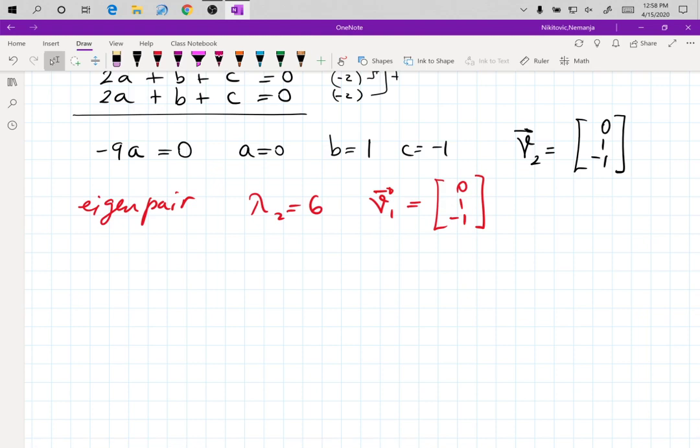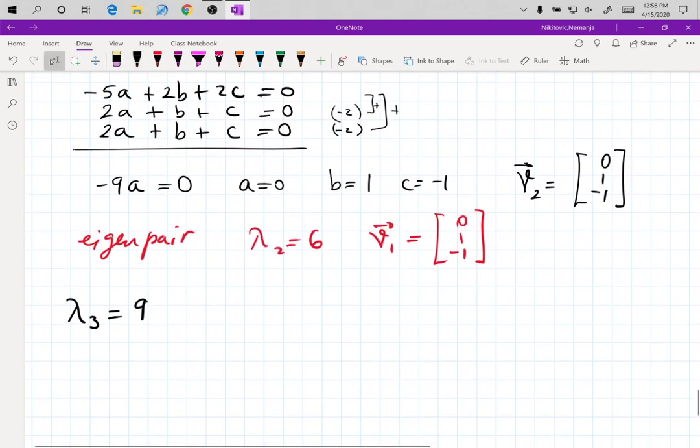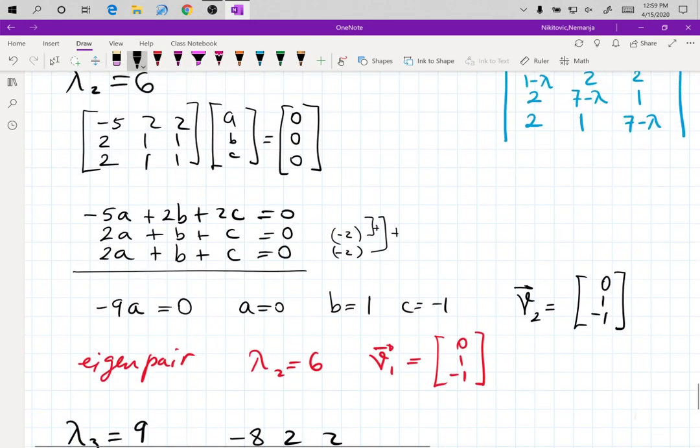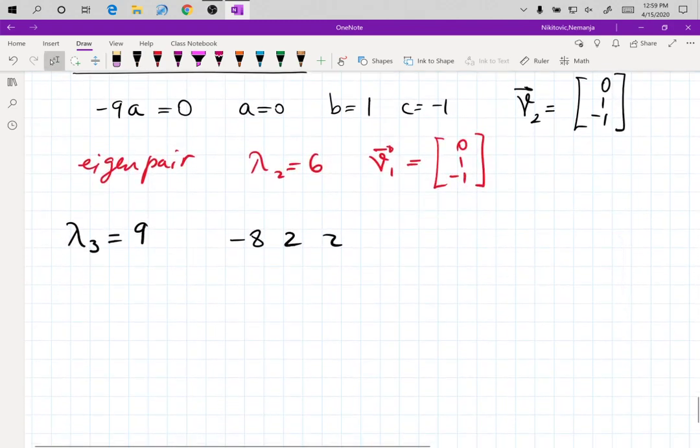Cool. Lambda 3. The light at the end of the tunnel over here, right? We're taking away 9 now, so that's going to be -8, 2, 2. Then -9, so 2, -2, 1.